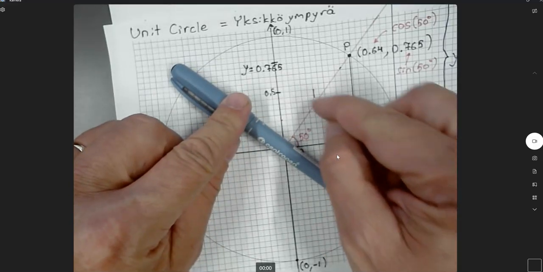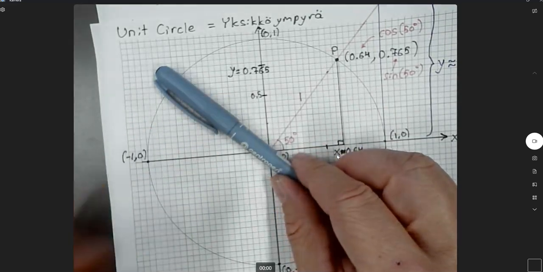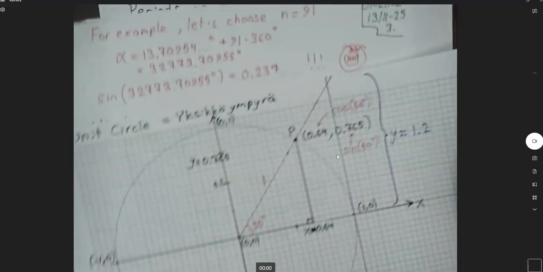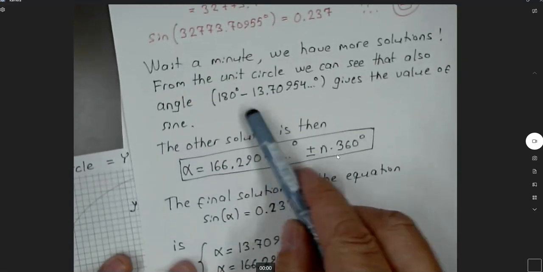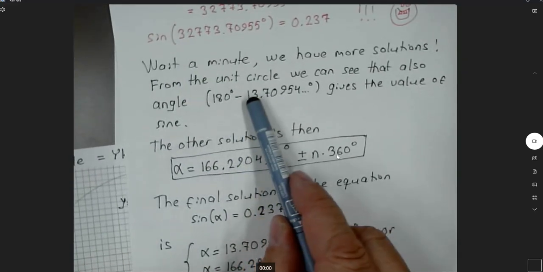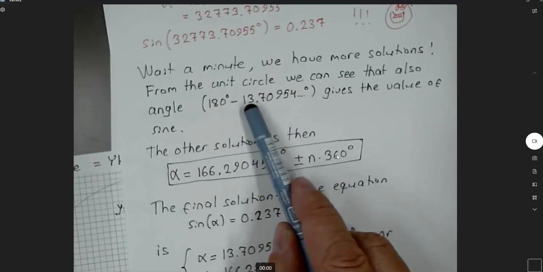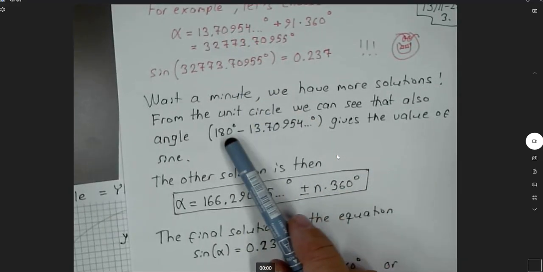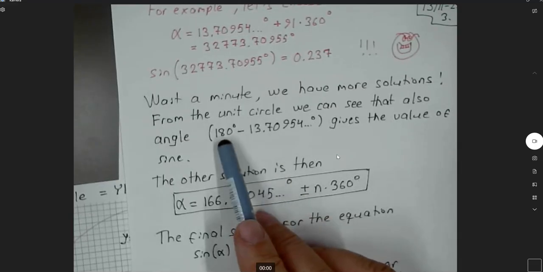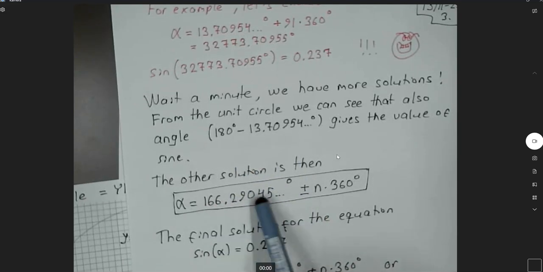So the angle from the positive x-axis would be 180 minus 50 degrees, and that was our other solution there. Of course, the angle was different than in this picture, but we get one value from the calculator, and then the other solution would be the angle we get by subtracting: 180 minus 13.7 degrees gives us this solution.